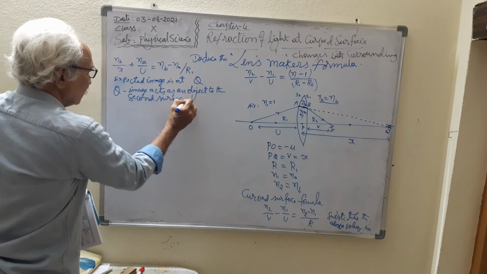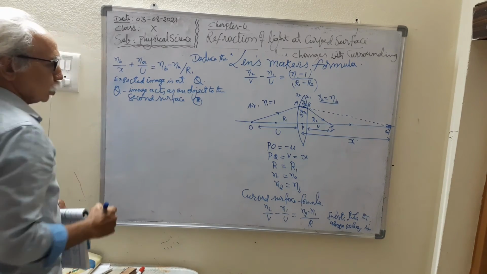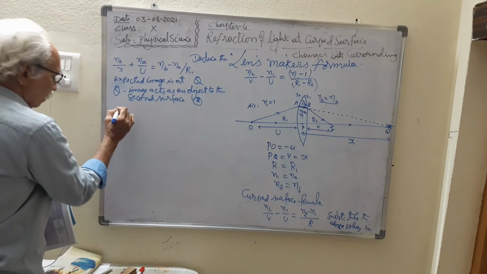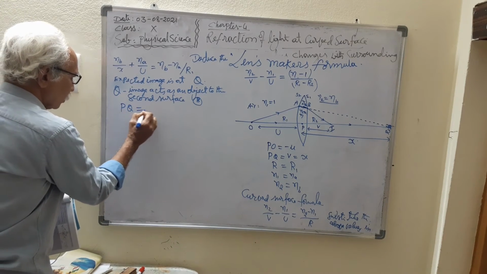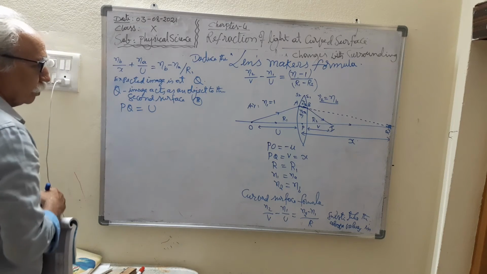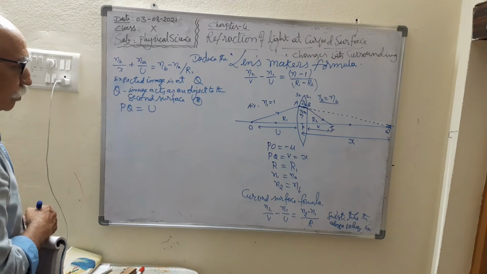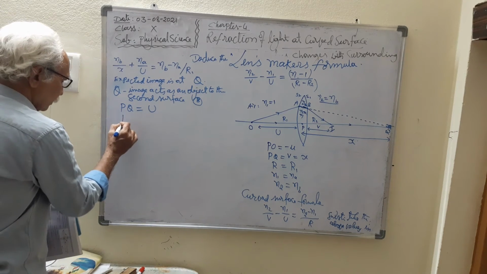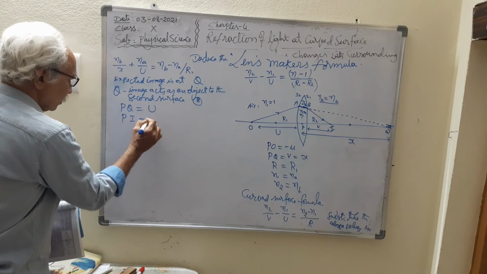In that case, PQ is equal to U, and PI is equal to V.